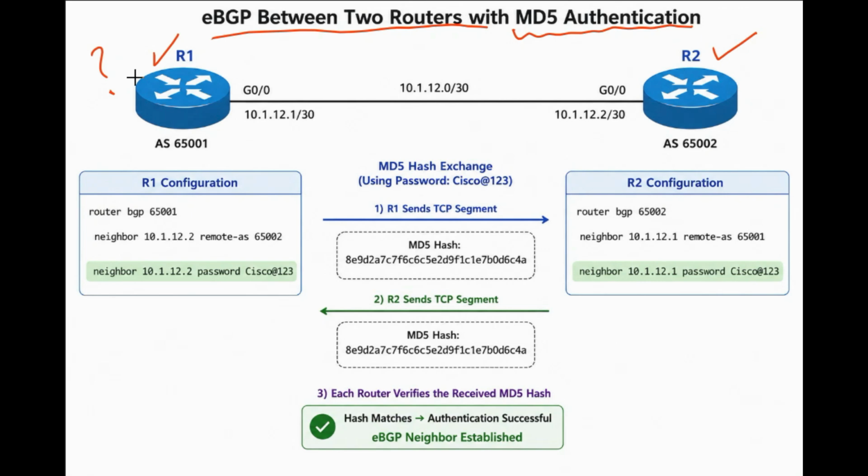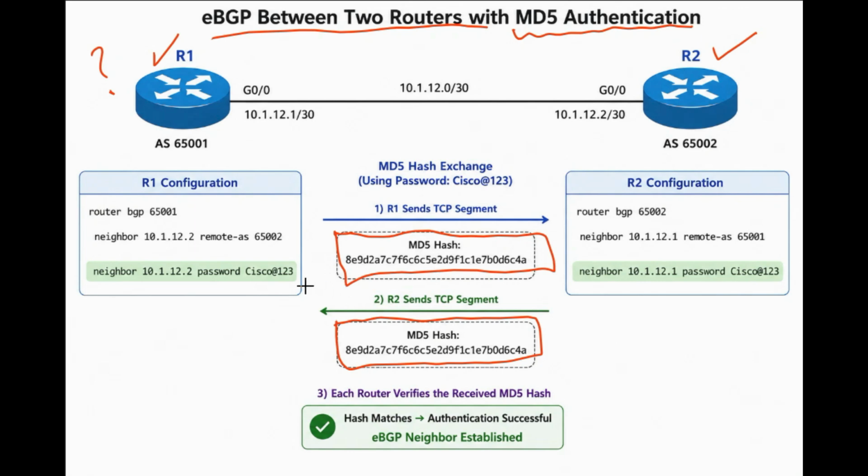So in this case, the password is never transmitted. So you will say that if the password is never transmitted, how will the BGP peers authenticate with each other? Because instead of transmitting the password, only the hash value is transmitted. As you have seen, any clear text can be converted to a hash value using the MD5 algorithm if you configure the same password.